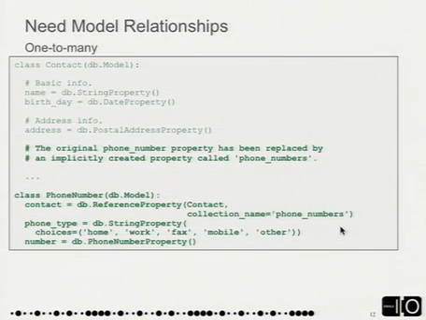But it works very much like an enumerated type. And finally, we're going to have the number, which is basically replacing the phone number property from contact. And of course, we only have to call it number because it already is in the context of a phone number class. Okay, so that's how we define a one-to-many relationship.